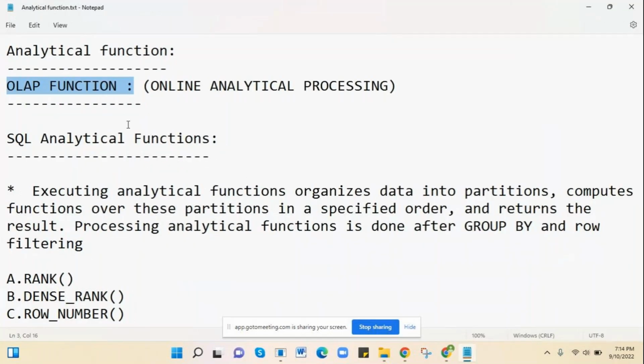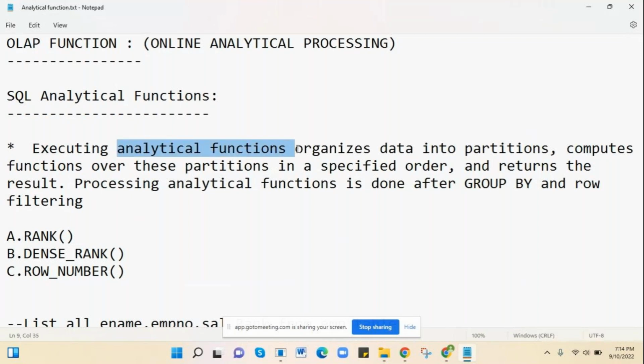One is Tableau also. OLAP, second one is OLTP. OLAP means online analytical processing. Next one we have OLTP, online transactional processing. This is used for analytical OLAP. These analytical functions are used in OLAP rather than OLTP.